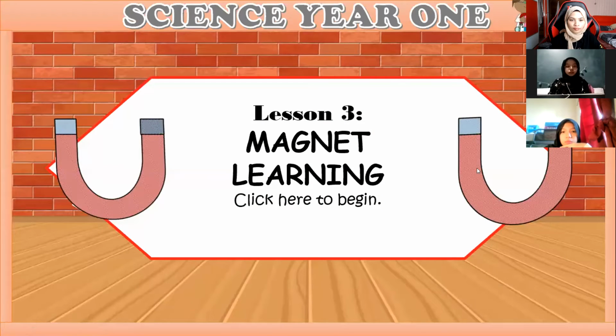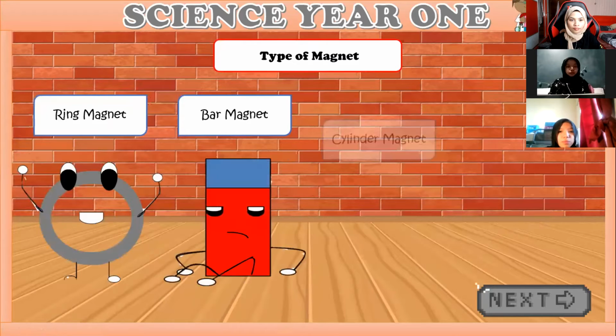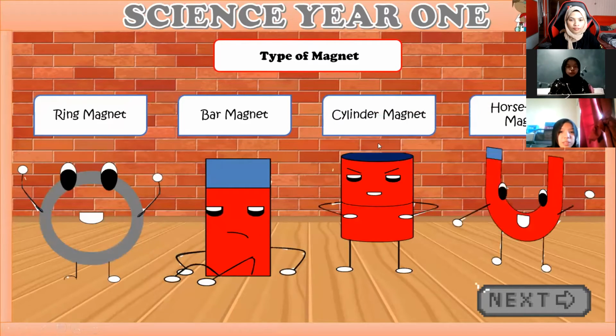I'll be explaining my part, lesson 3, which is magnet learning. Click here to start. Here, the student will face the types of magnet.